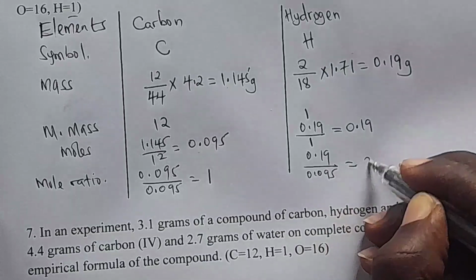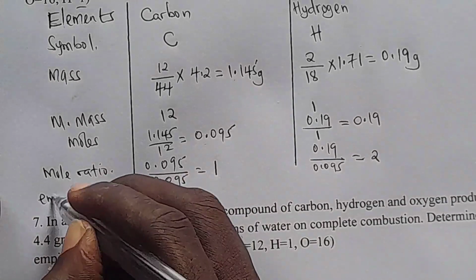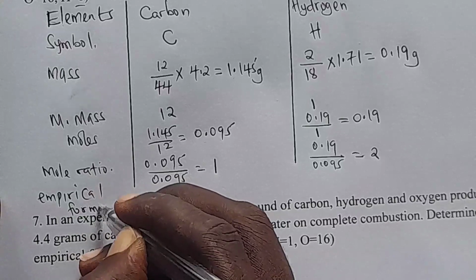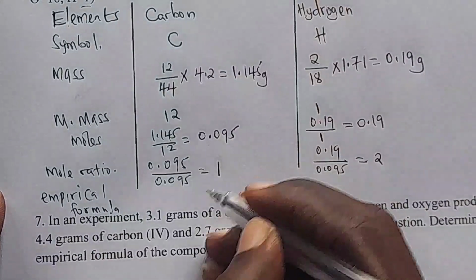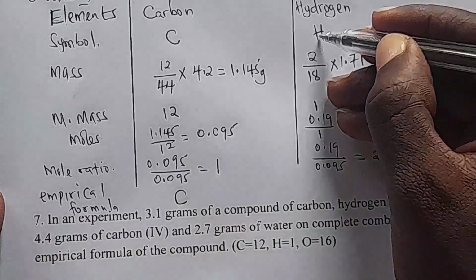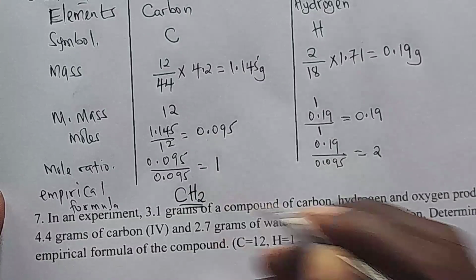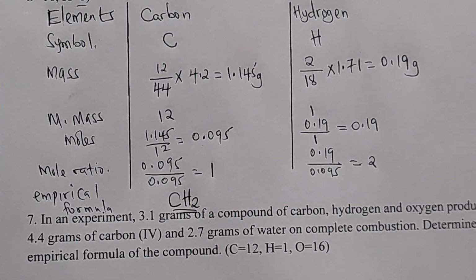Here I'm going to get 2. Then next we are going to get the empirical formula. The empirical formula here will be C for carbon, then 1, we don't write 1, then H for hydrogen, 2. That means CH2 will be the empirical formula for that hydrocarbon.